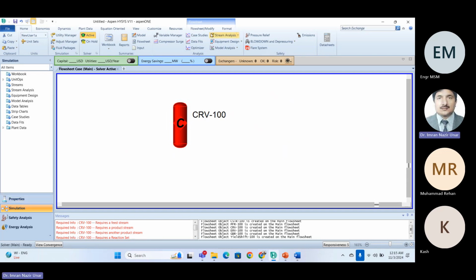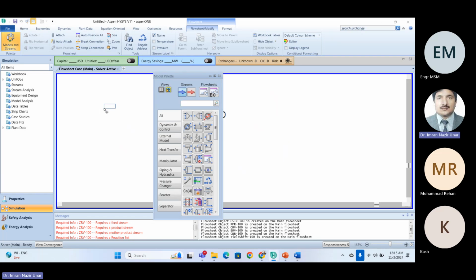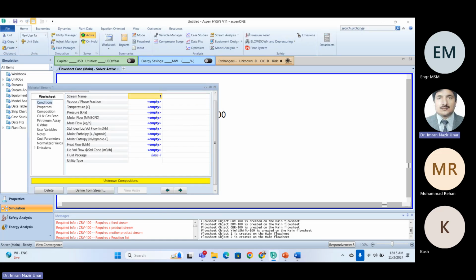Okay, so I am creating two streams. I can create also one stream, but instead of one stream, I create two streams separately. One stream I call fuel stream, and it is at ambient temperature and almost ambient pressure, and it has some mass, and this is 100% methane.